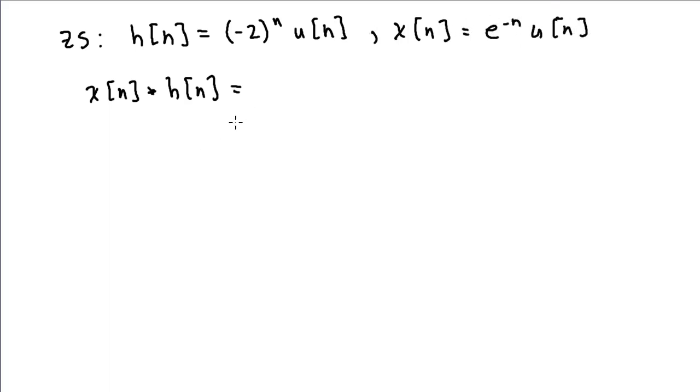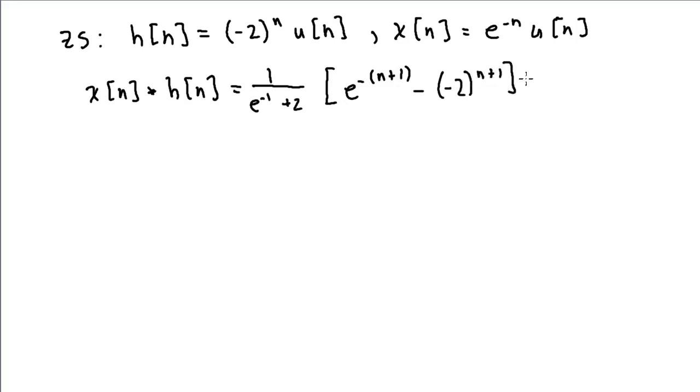Looking this up in the table, we get as the result of this convolution 1 over e to the minus 1 plus 2, times e to the minus n plus 1, minus 2 to the n plus 1, all times u of n. Again, you should verify this and make sure you get the same result when you evaluate this convolution using the table.